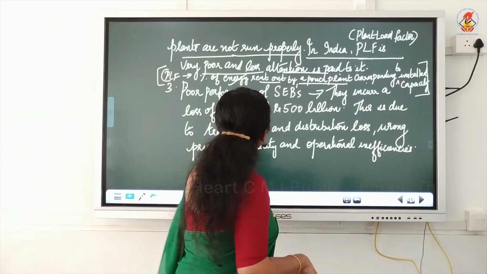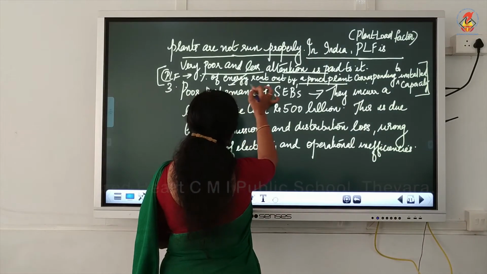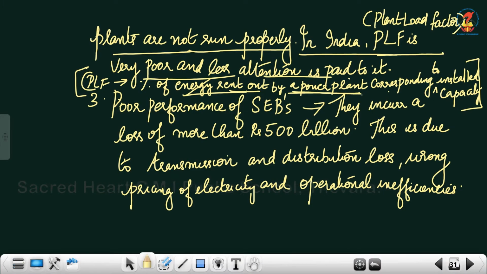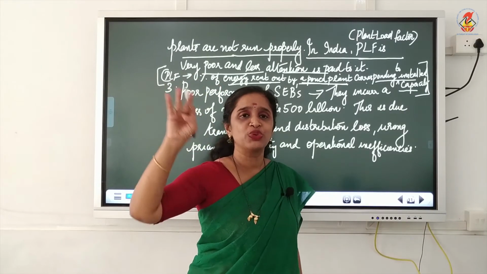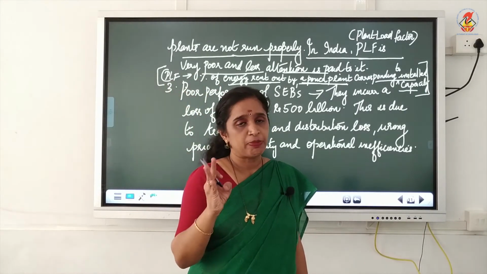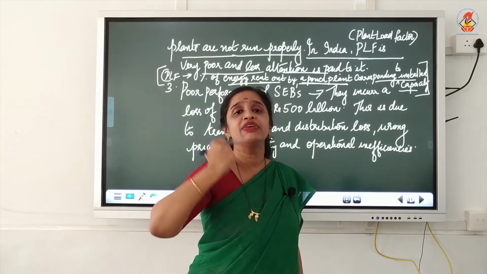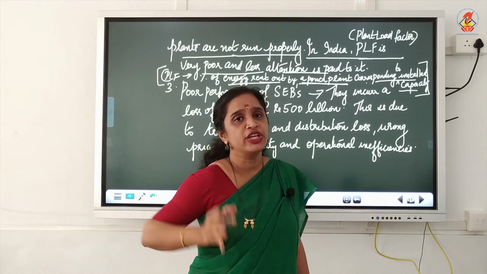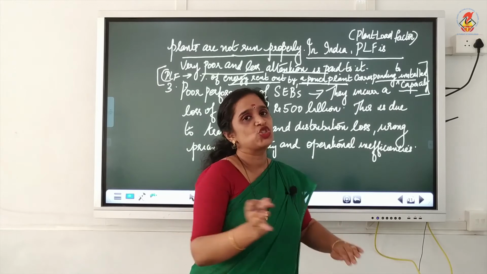So, what is meant by PLF? PLF is the percentage of energy sent out by a power plant corresponding to the installed capacity. Every power plant should send out a particular amount of energy corresponding to its installed capacity. If it is not giving that energy, it has to be removed.